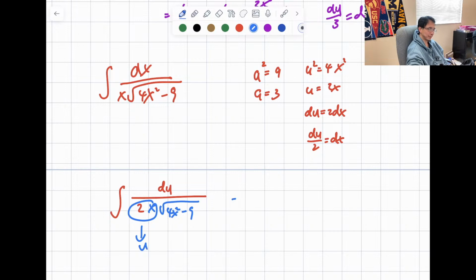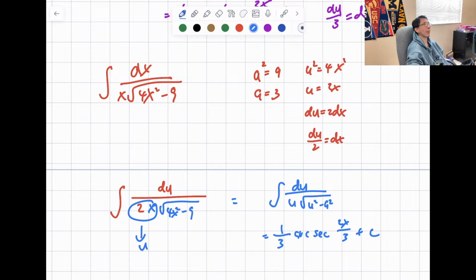So that's going to be the integration of du over u square root u squared minus a squared, which is 1 over a, which is 1 over 3 arcsecant of u over a, which is 2x over 3 plus c. And still absolute value of 2x. Oh yeah, absolute value on 2x, you're right.